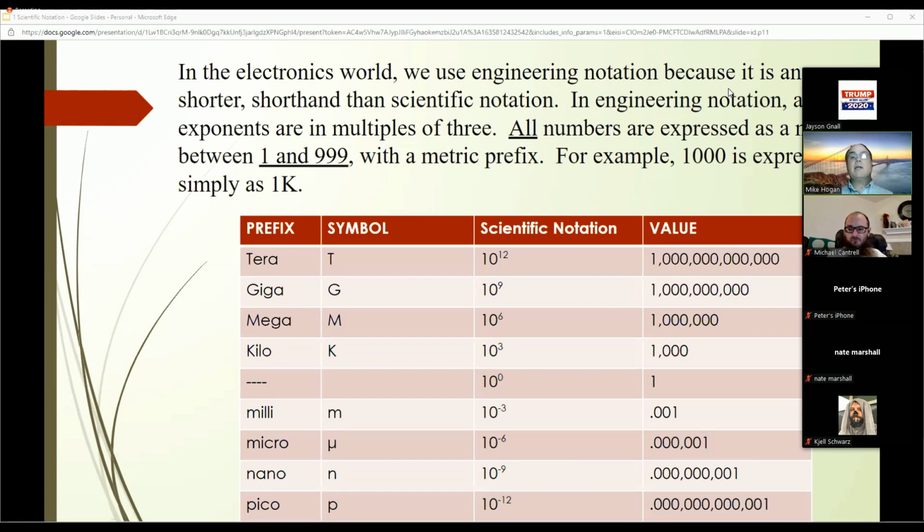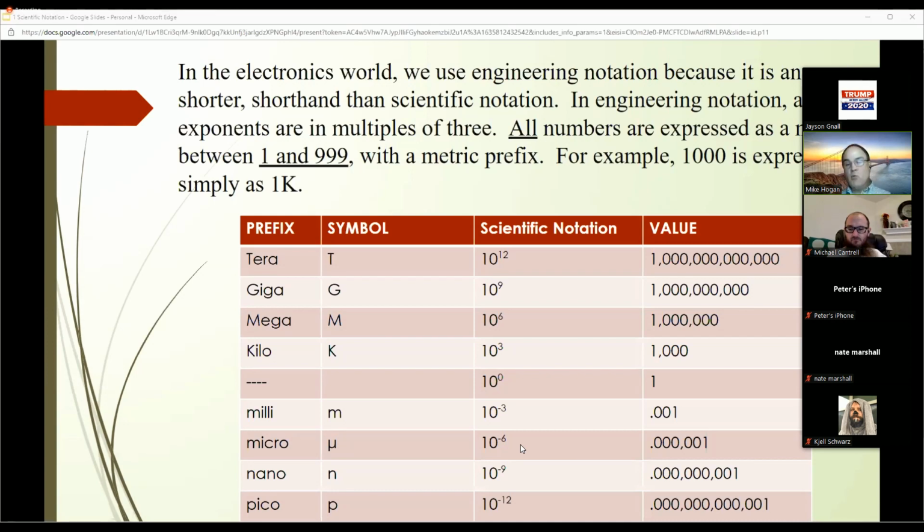Now that's scientific notation. The only thing is with engineering notation, we don't really move it to the negative 4th, right? What we do is move it far enough so that we have a whole number on the left side of the decimal, right?